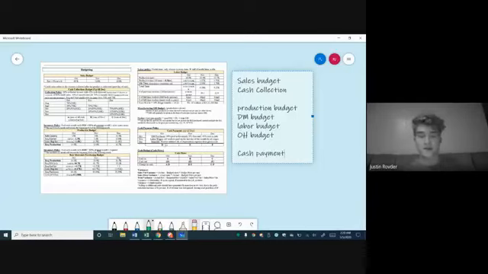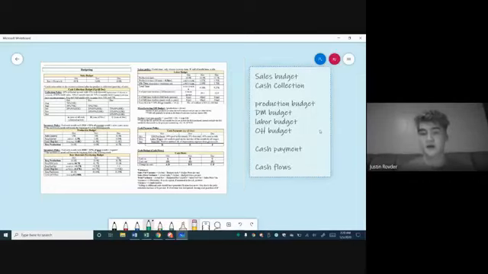So you're just figuring out exactly how much you owe in cash each month. And then you do all of this so that you can put the cash collection budget and the cash payment budget together to make a statement of cash flows. So how much cash do you have coming in each month and how much cash do you have coming out each month? Therefore, what is the total change in cash each month? So that is why we're doing all of this.